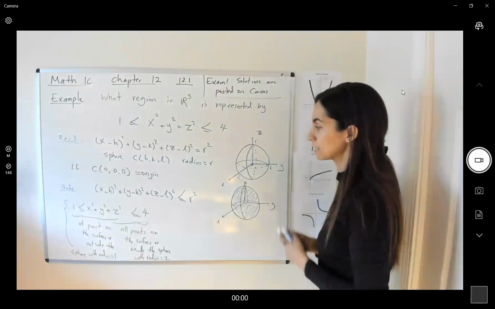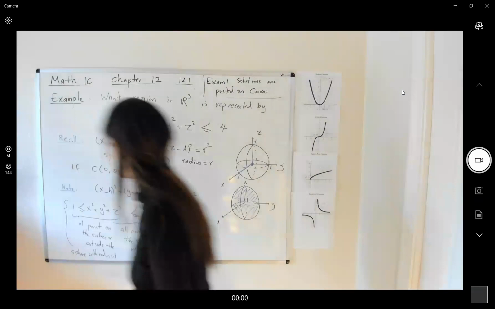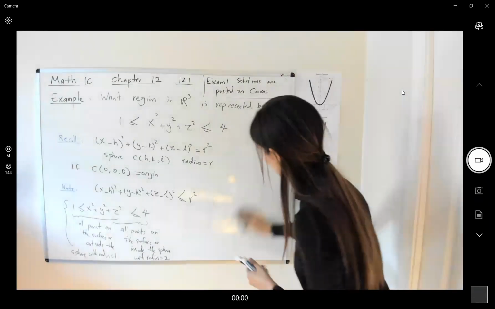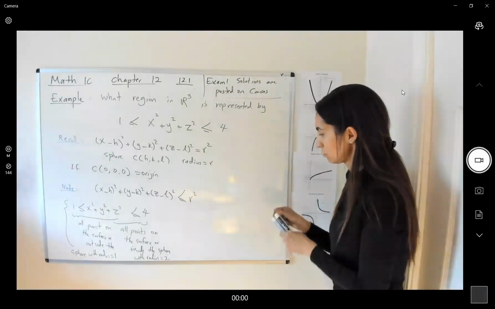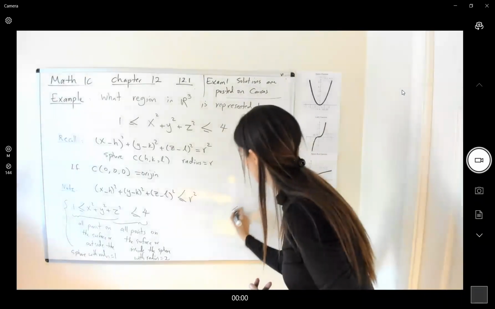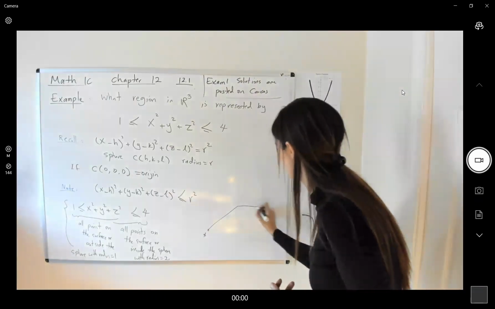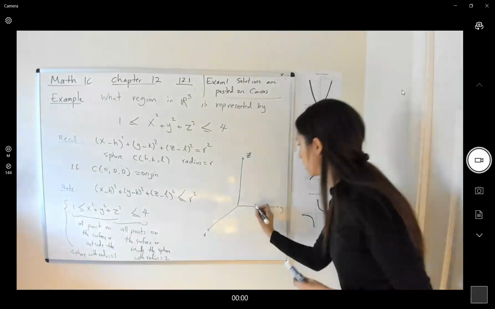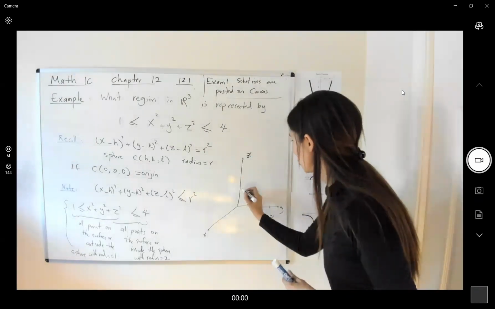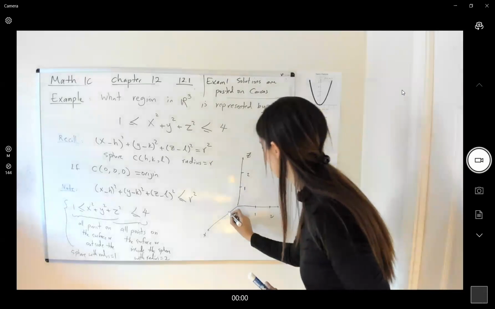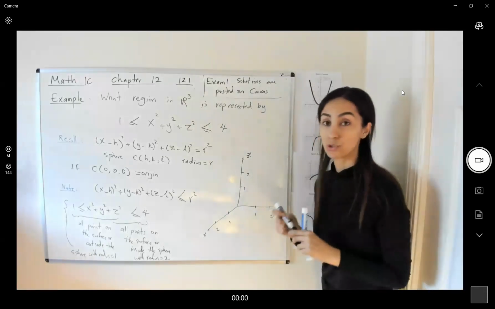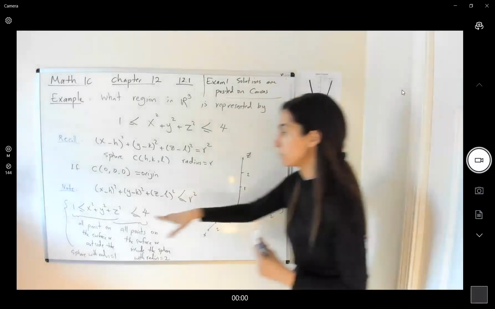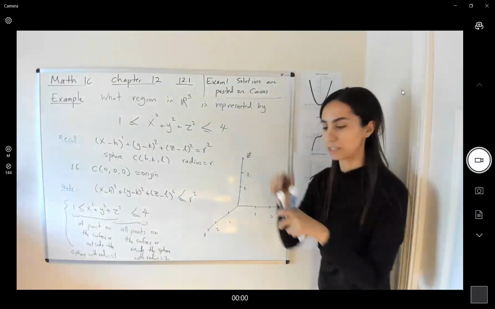So think about it this way. Let me erase this. X-axis, Y-axis, Z-axis, 1 and 2, 1 and 2, 1 and 2. So you're actually looking at all the points in between two spheres.